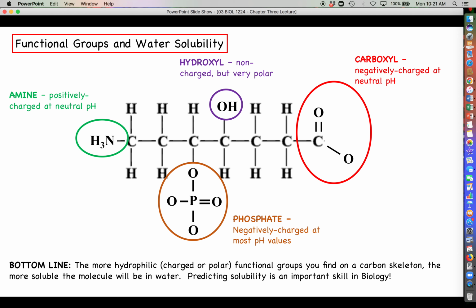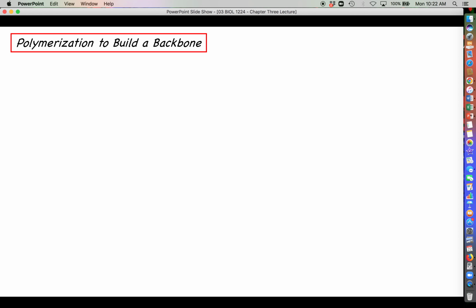And if you do that, you're potentially increasing how significant a role it's going to play in biology, because as we detailed in the last chapter, biologically important molecules tend to be hydrophilic. Not all of them, but they tend to be hydrophilic.